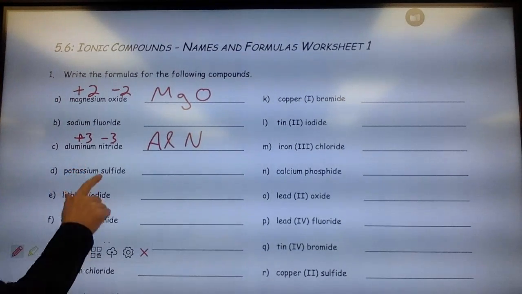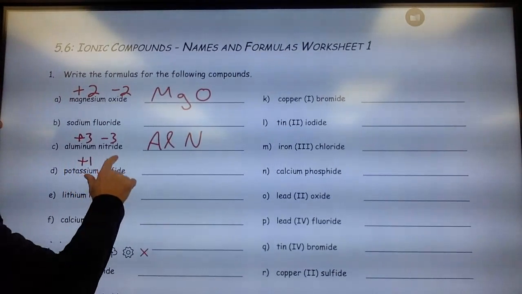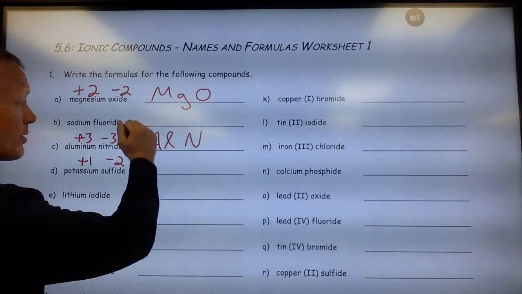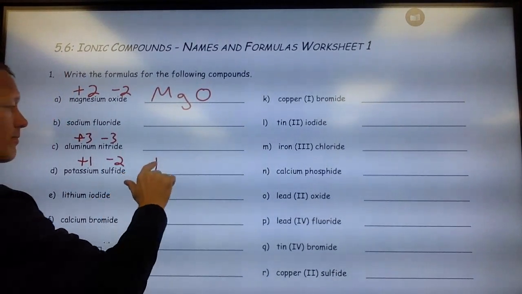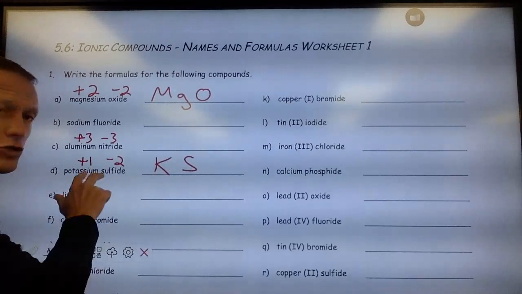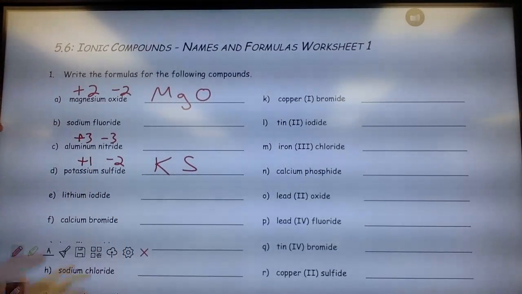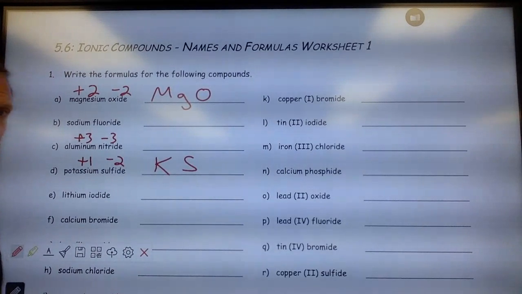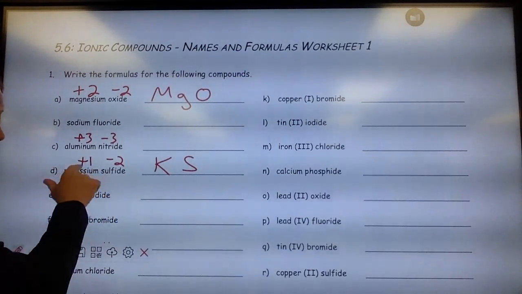Potassium sulfide. Potassium has 1 valence electron. It forms a +1 charge. Sulfur's got 6 valence. It forms a -2 charge. I almost always write those charges over here so I know what they are. There'll never be charges in the formula itself. We want these to be equal, like +2 and -2. So I need to double this first one.